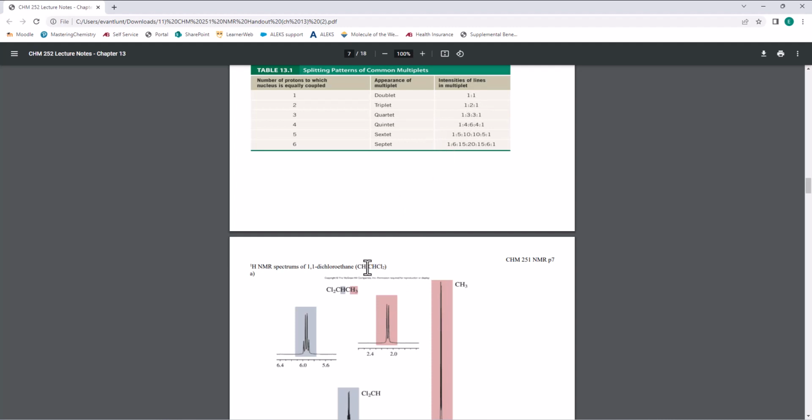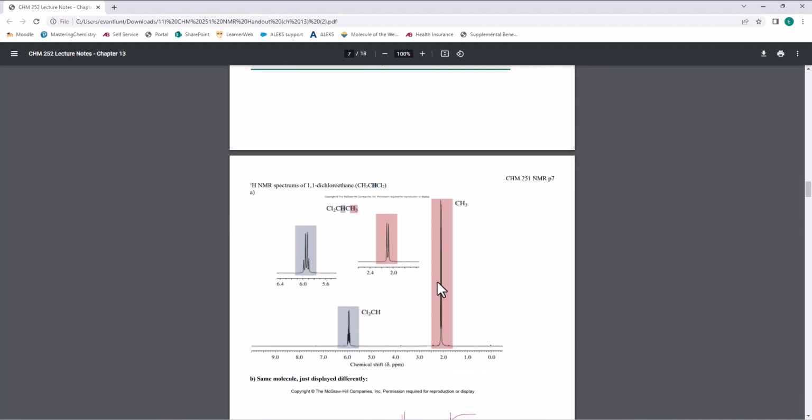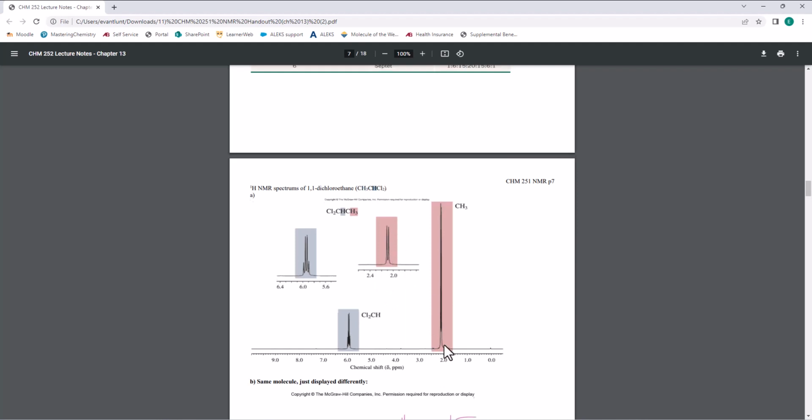If we're looking at this CH3 peak, we should have an integration of 3H because there are 3 protons at this position, and it should have a splitting of a doublet because we're next to one proton. And here we have a doublet with a CH3 integration. It's also upfield relative to the CH group because we're further away from the Cls.